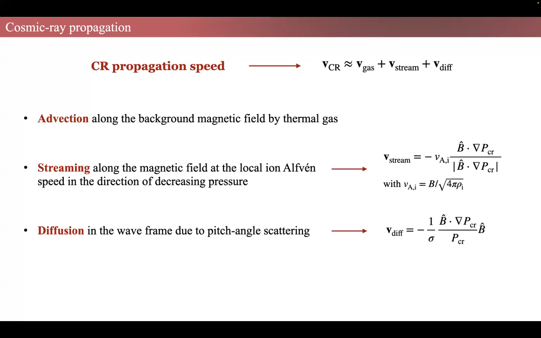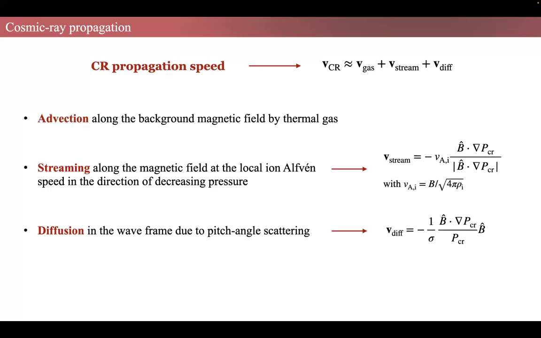Cosmic rays stream at the local ion Alfvén speed in the direction of decreasing pressure, and depending on the degree of coupling between cosmic rays and waves, they can propagate faster than the Alfvén waves, or in other words, they diffuse relative to the Alfvén waves due to pitch-angle scattering.